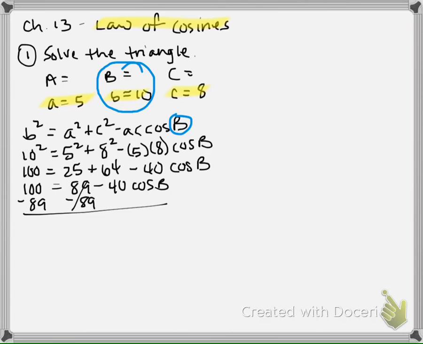Oops, I don't know why I crossed that up. I get 11 equals negative 80 cosine B.